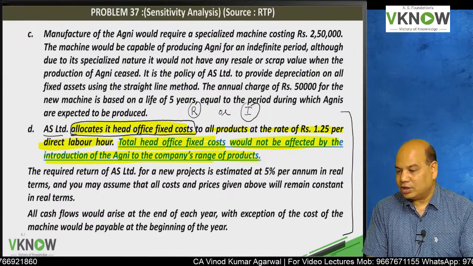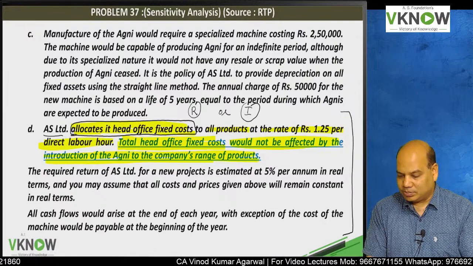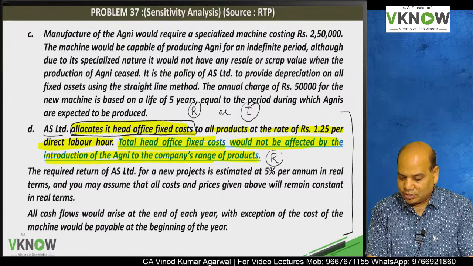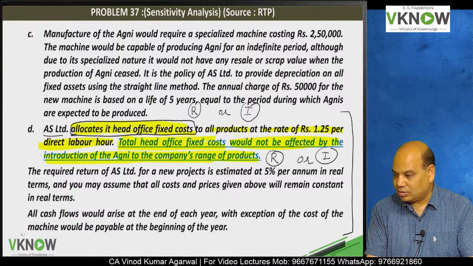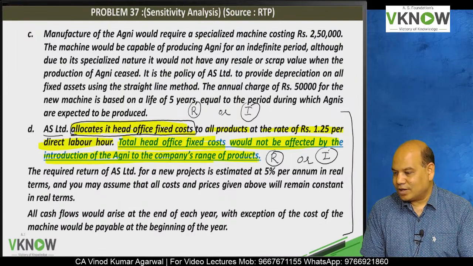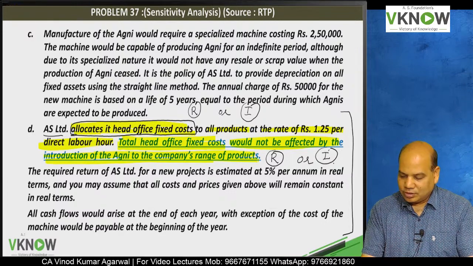Same old boring question. Is head office cost relevant or irrelevant? The answer is irrelevant.